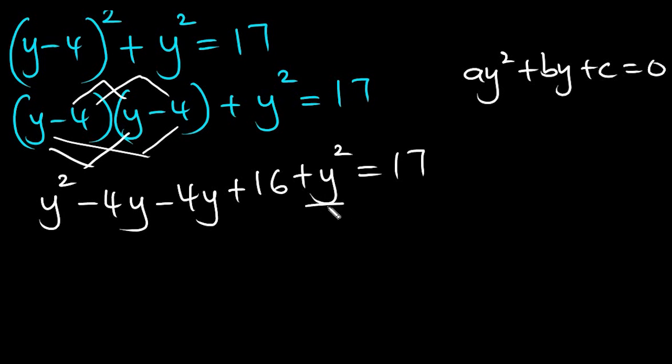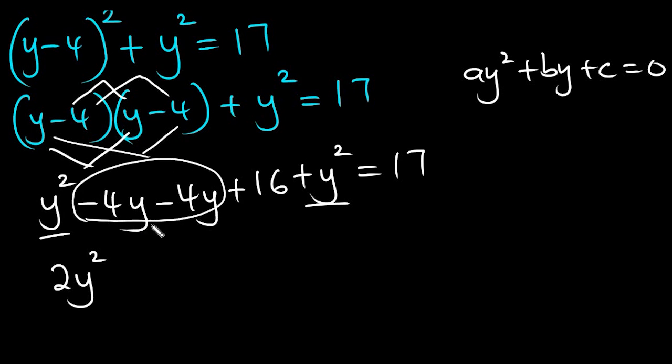So the terms with y squared, we're going to combine them. y squared plus y squared is going to be 2y squared. Then negative 4y minus 4y, that's going to be negative 8y. And then plus 16 is equal to 17.